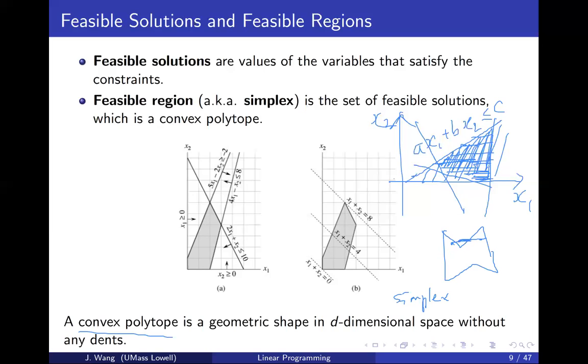So then we know that in order to find an optimal solution, what we need to look at is just this feasible region. So we want to find out which points will make the objective maximal or optimal.